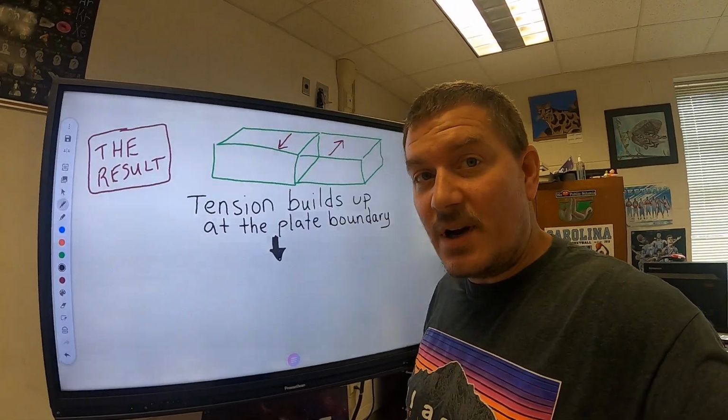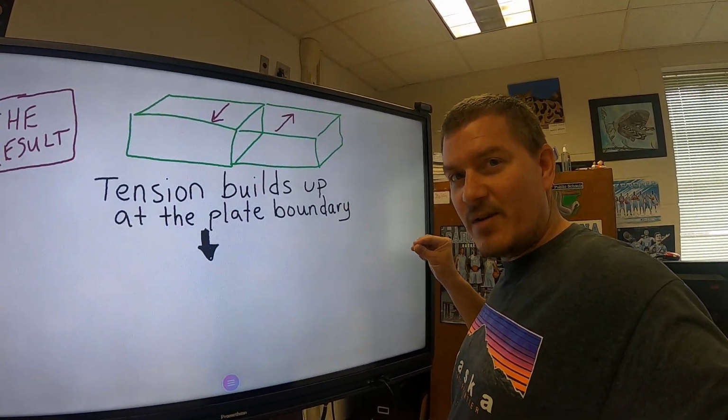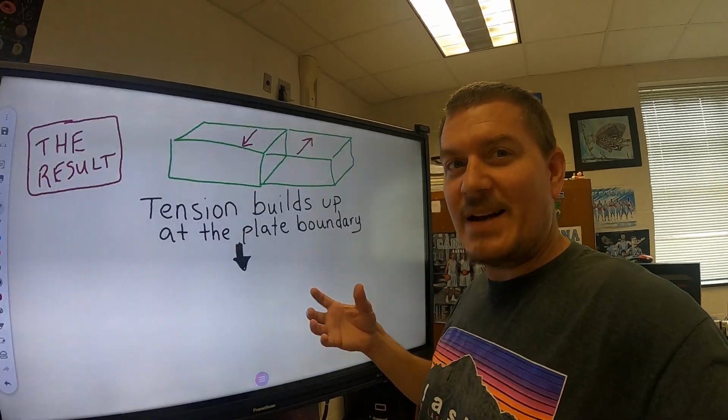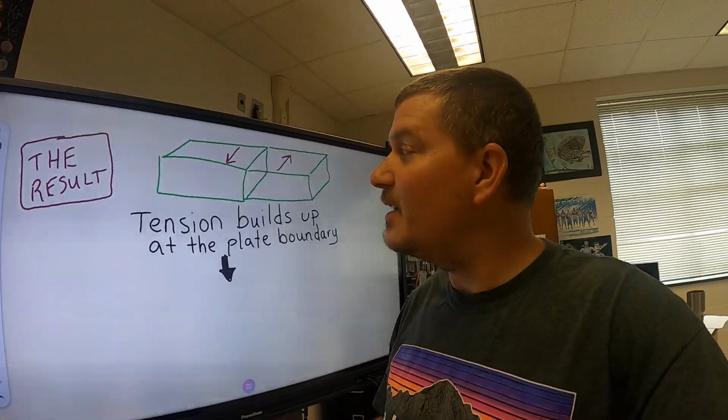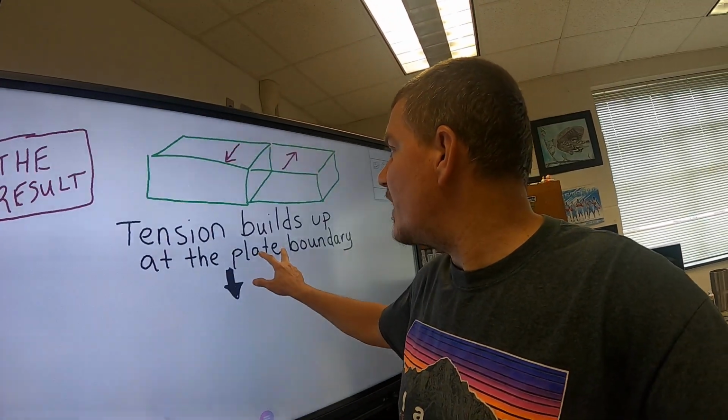Now, as this tension builds up, think of that rubber band being pulled back further and further and further. There's a certain point where that tension is going to be released. And once that happens, we're going to have our result happening.